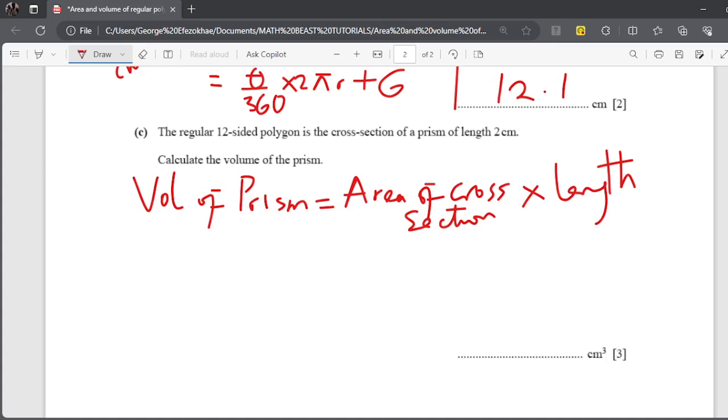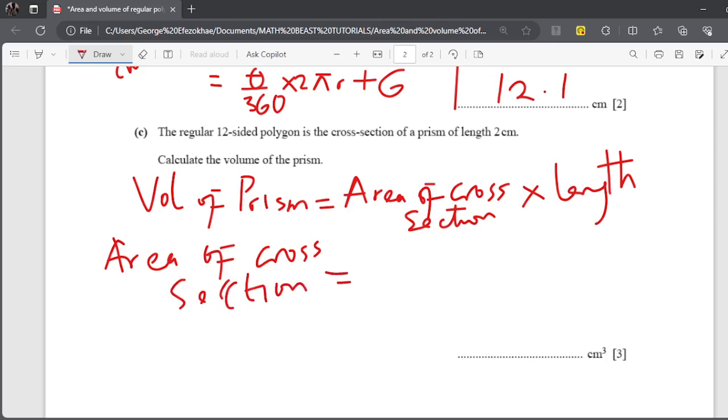So the area of cross section is going to be the area of one of the triangles, which is base times height over 2, then times 12 for the 12 triangles.